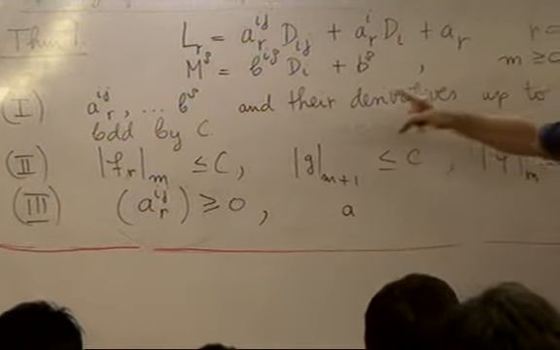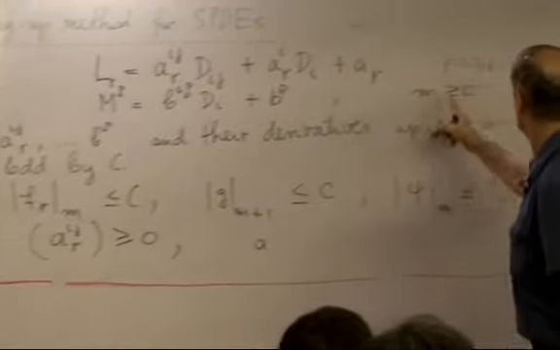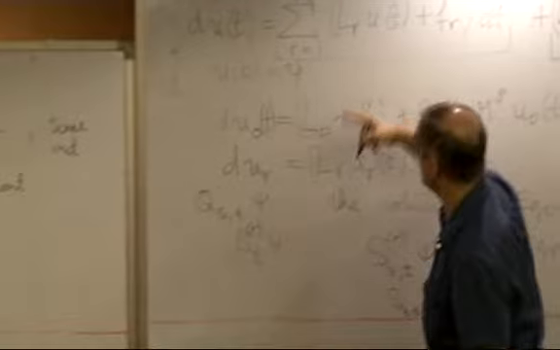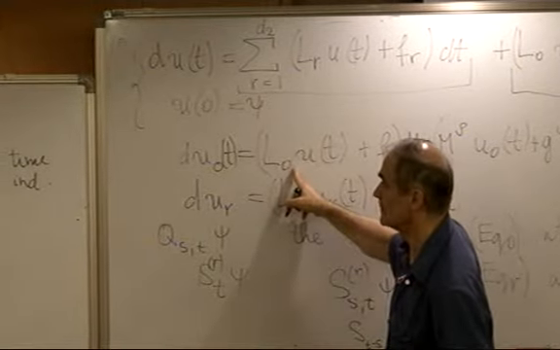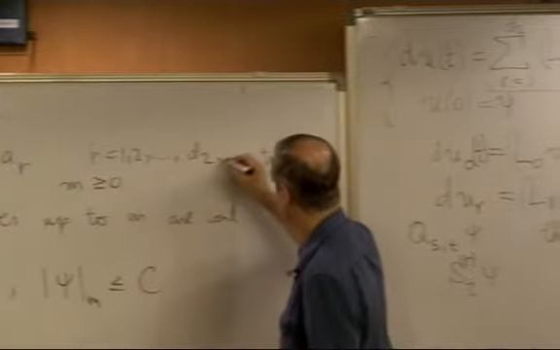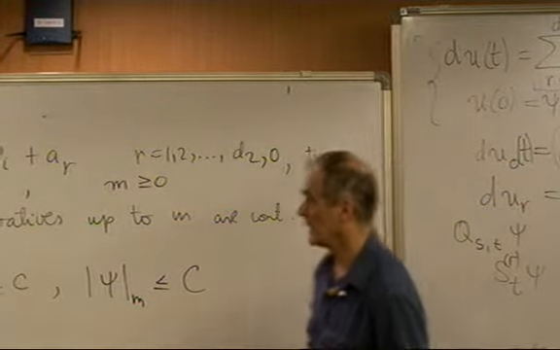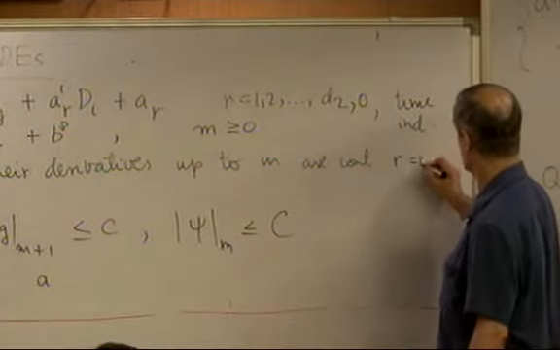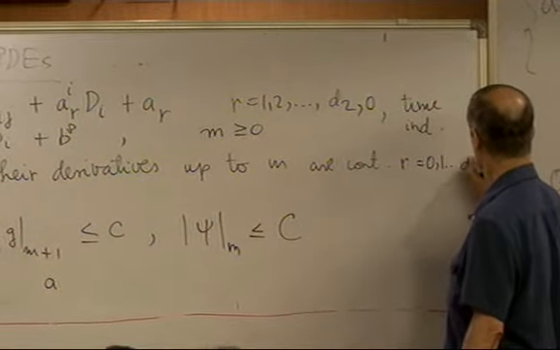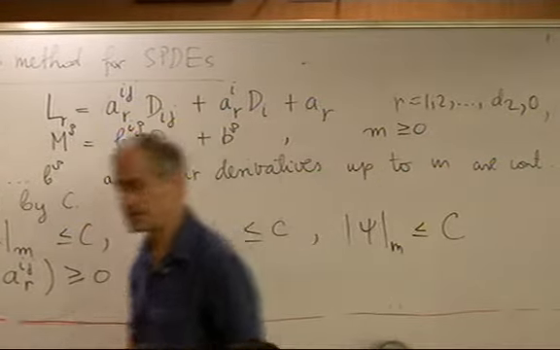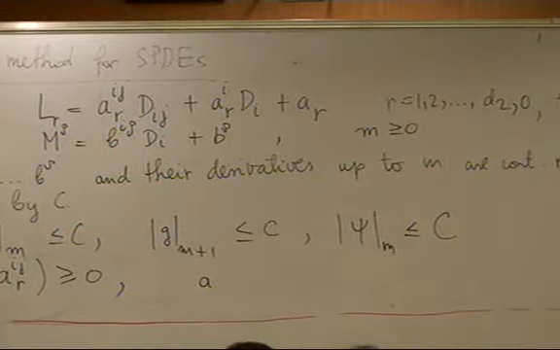In fact here R is running from 1 to D2, then I describe these ones, but here there is also a 0, so I should add also that one, and here R runs from 0 to D2, so I should include the coefficients of the R naught operator as well.